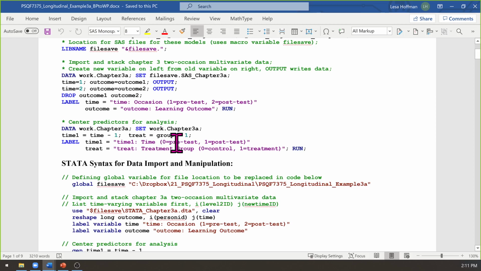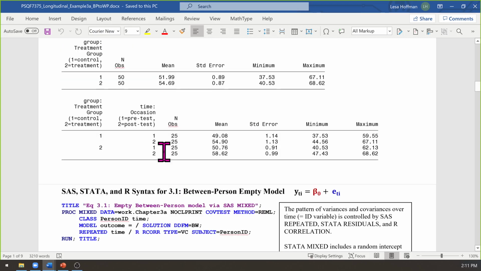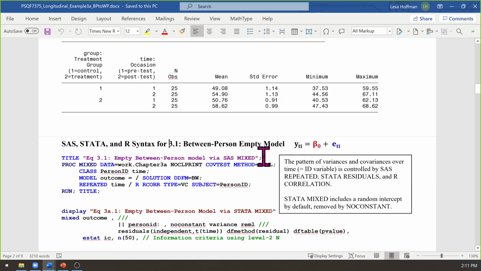So I have time 1 as a predictor where 0 is a pretest and 1 is a post-test, and I have 0 is control and 1 is treatment for my grouping variable. And so I think we had gone through this much code and the descriptives, and we were ready to start modeling maybe. Does that sound about right? Okay. Any other questions or things you want to talk about before we jump back in?